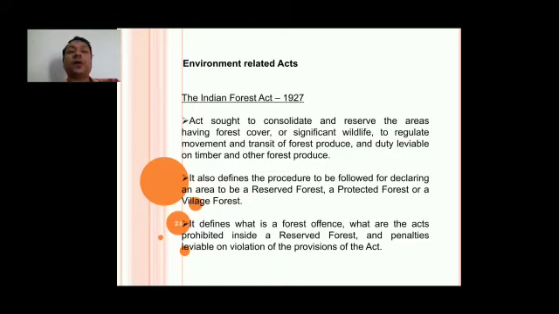It also defines the procedure to be followed for declaring an area to be a reserve forest, a protected forest, or a village forest. It defines what is a forest offense, what are the acts prohibited inside a reserve forest, and penalties leviable on violation of the provision of the Act.